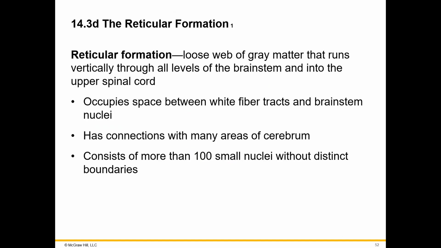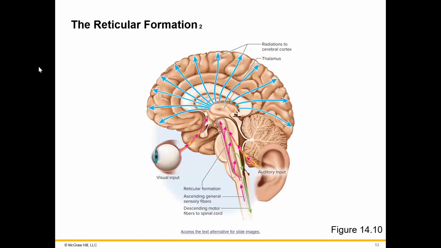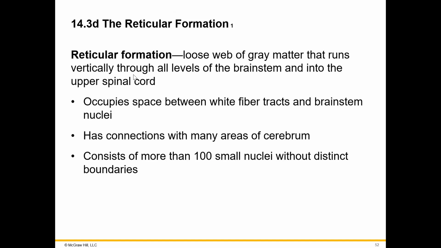Okay, reticular formation. Reticular formation is a loose web of gray matter that runs vertically through all levels of the brainstem and into the upper spinal cord. Remember when we said the spinal reticular tract?